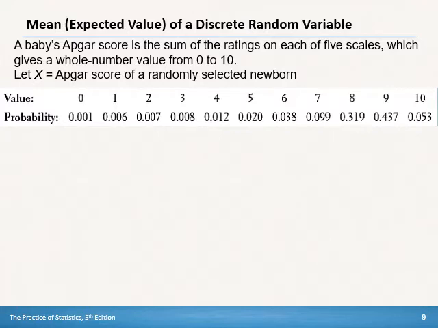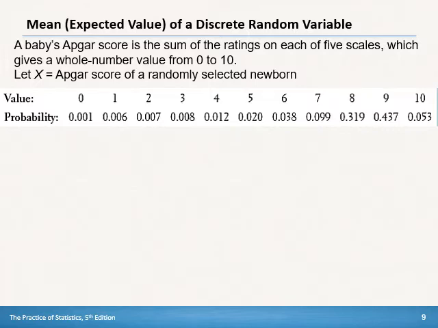An example that we use in the book is a baby's APGAR score. This was developed by Dr. Apgar. She looked at a scale of 5 different criteria for newborn babies, their reaction to stimuli and all these different things. For each of the categories, she came up with a score of 0, 1, or 2.